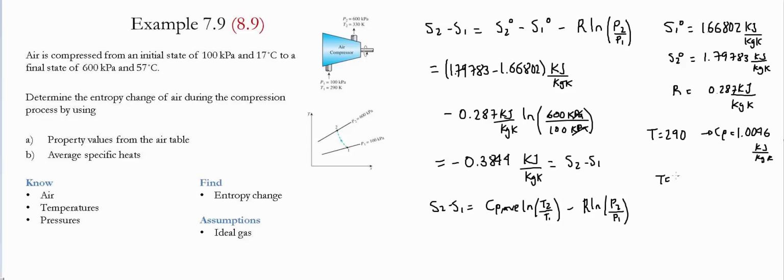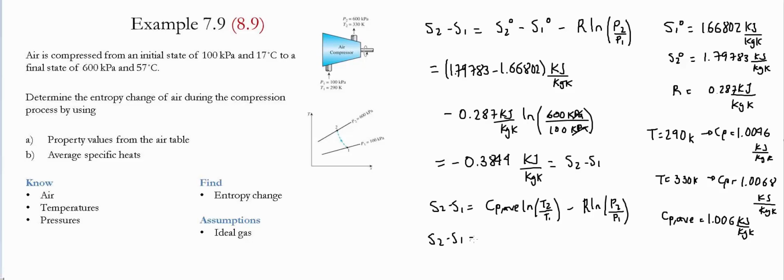And for a temperature of 330 Kelvin, we find that the value for Cp is equal to 1.0068 kilojoules per kilogram Kelvin. So the average value between these two, Cp average, we find it to be simply 1.006 kilojoules per kilogram Kelvin.